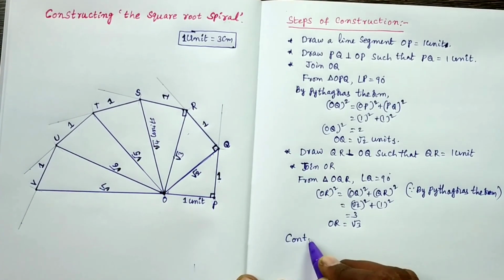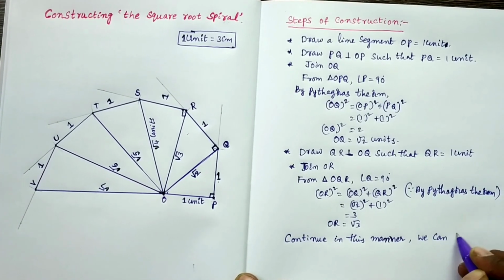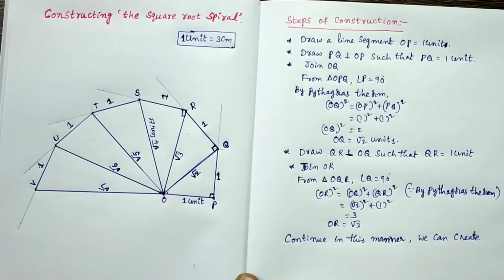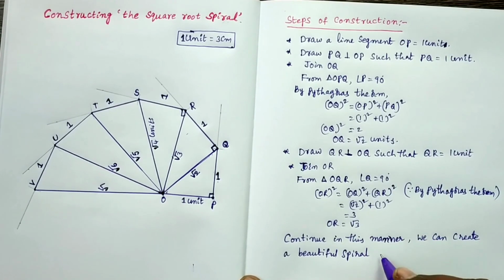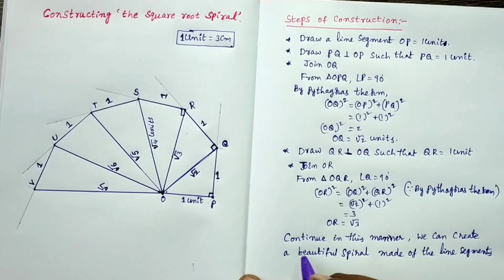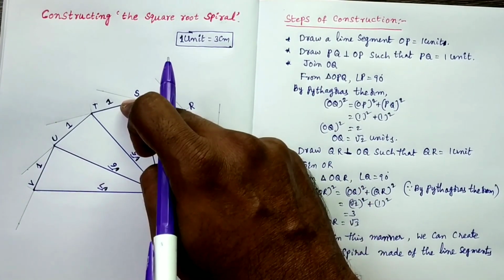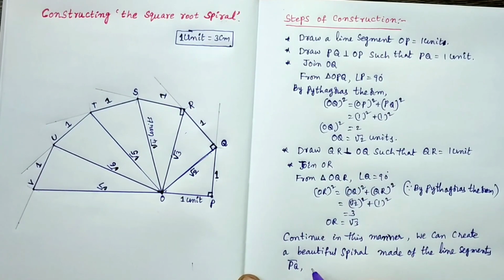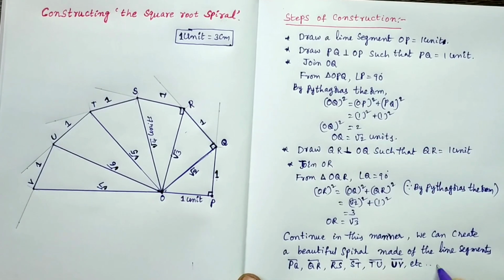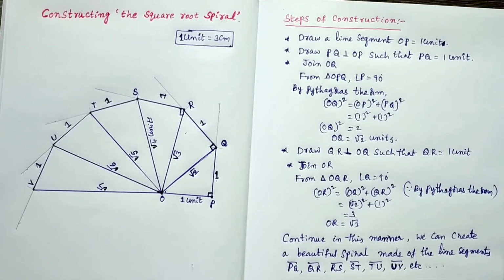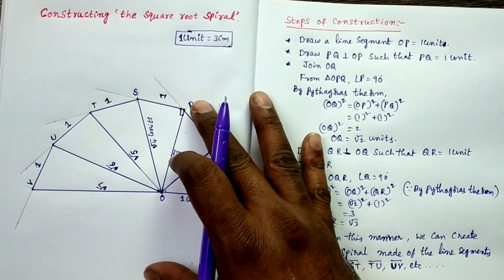So continue in this manner. We can create a beautiful spiral made up of the line segments PQ, QR, RS, ST, TU, UV, etc. So this is called the square root spiral.